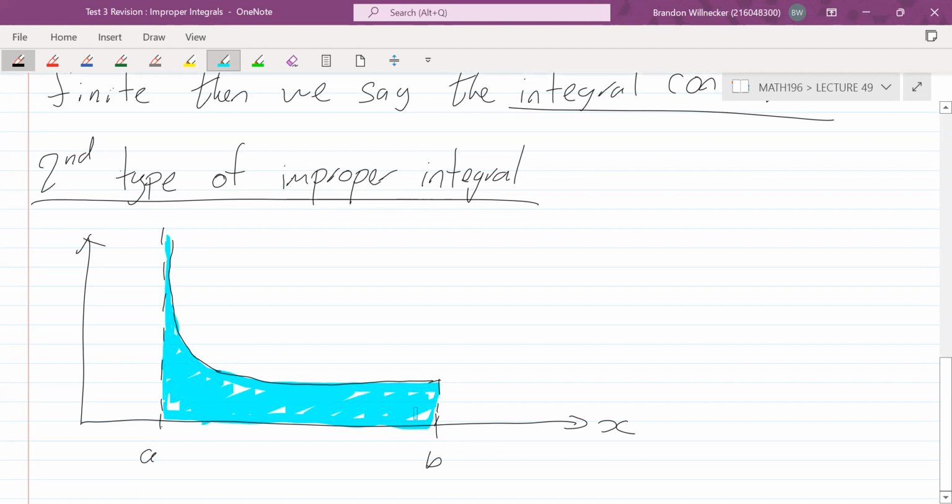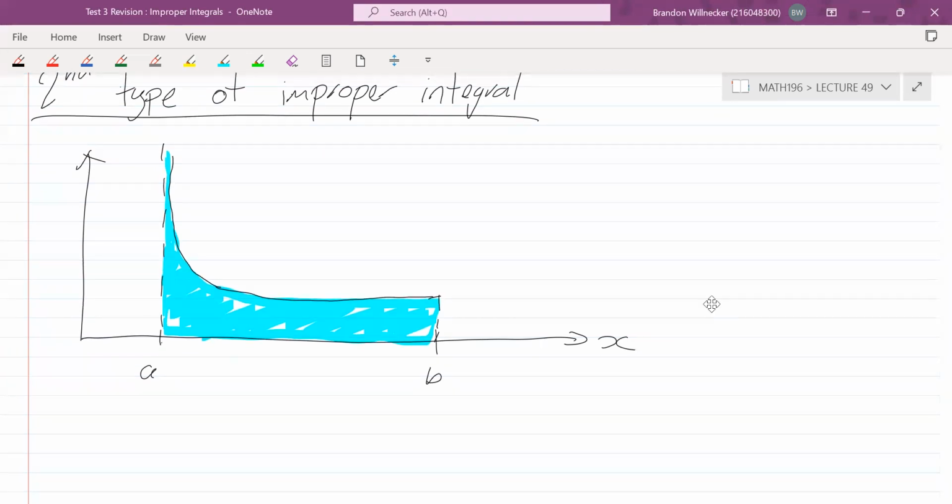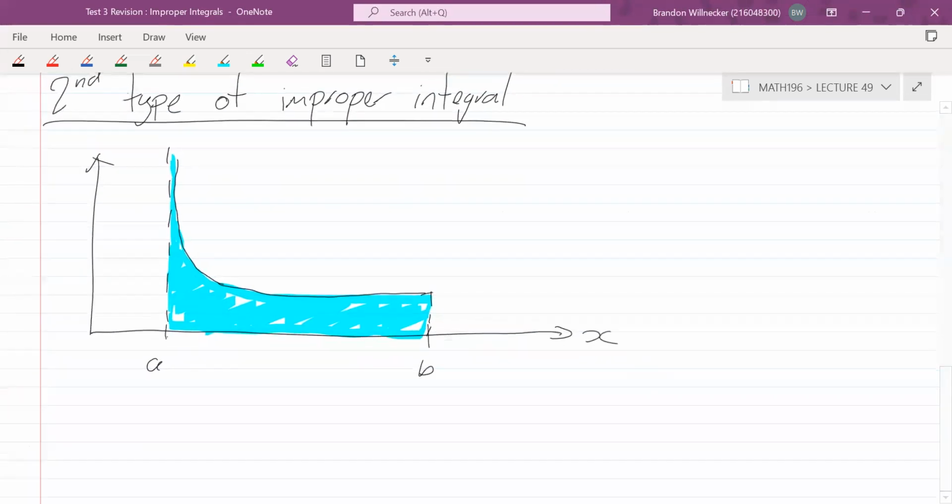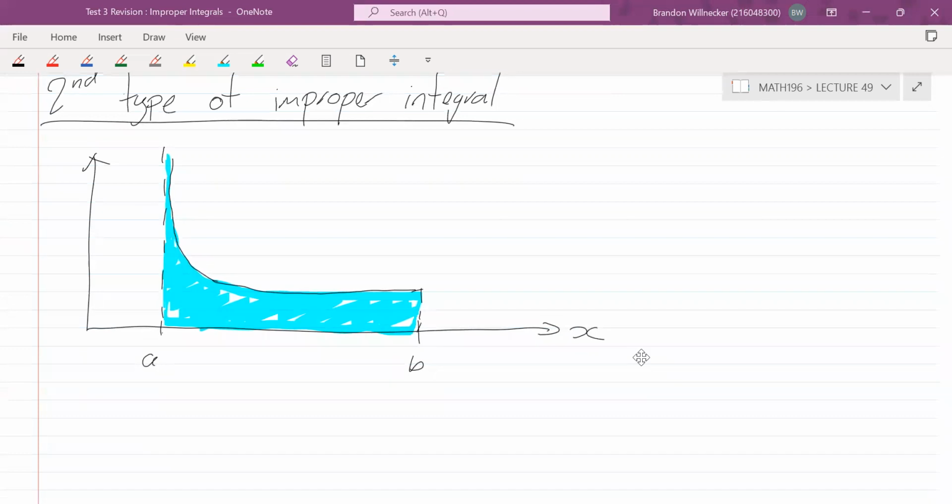So what we do in this case: we can't substitute A because the function is infinite. You can't just substitute A into your integral. So instead, we take the limit approaching A. We can't do it directly, so we take the limits instead. Here, the integral from a to b, f of x dx: we know there's a problem at a, the function goes to infinity.